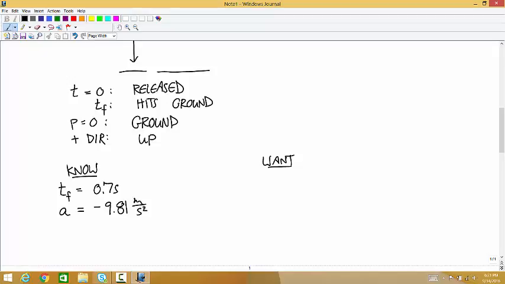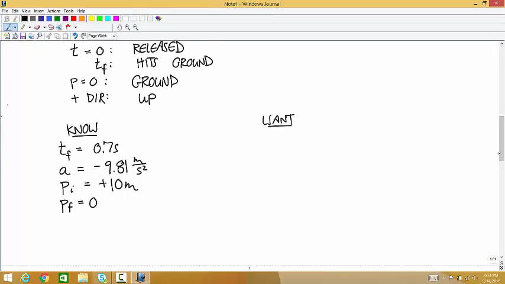The initial position? And that's positive. Do we know the final position? Yep. Do we know the initial velocity? Good. And final velocity?